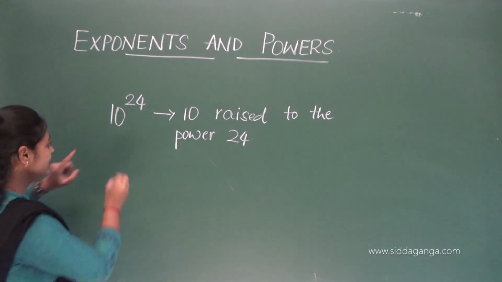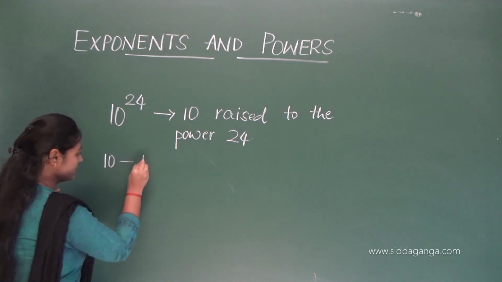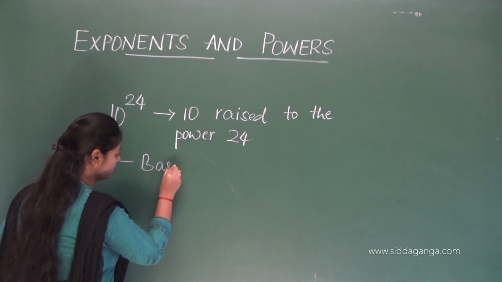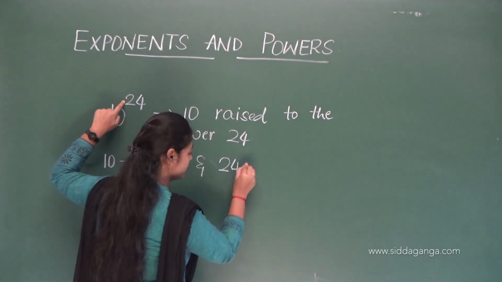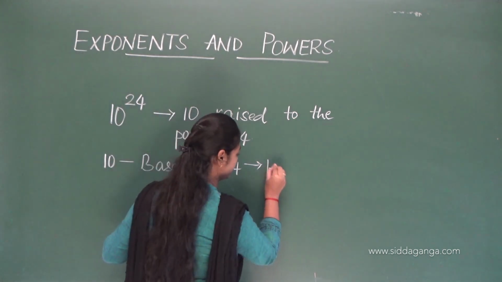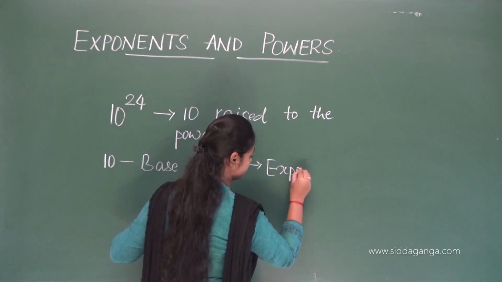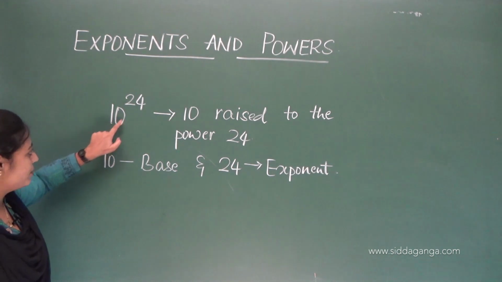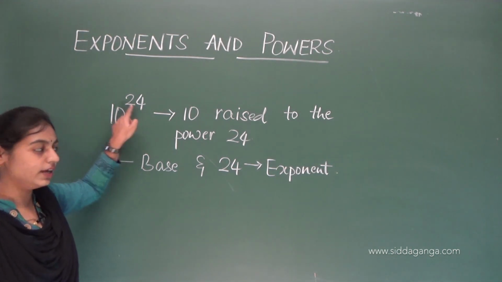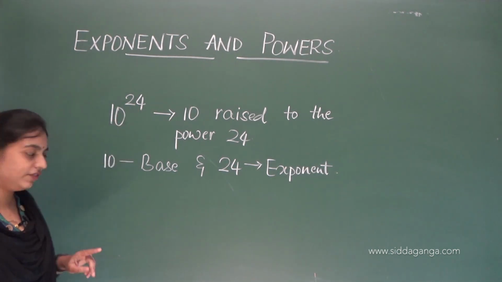Here 10 is called the base and the power 24 is called the exponent. So 10 is a base and 24 is an exponent. 10 raised to the power 24.